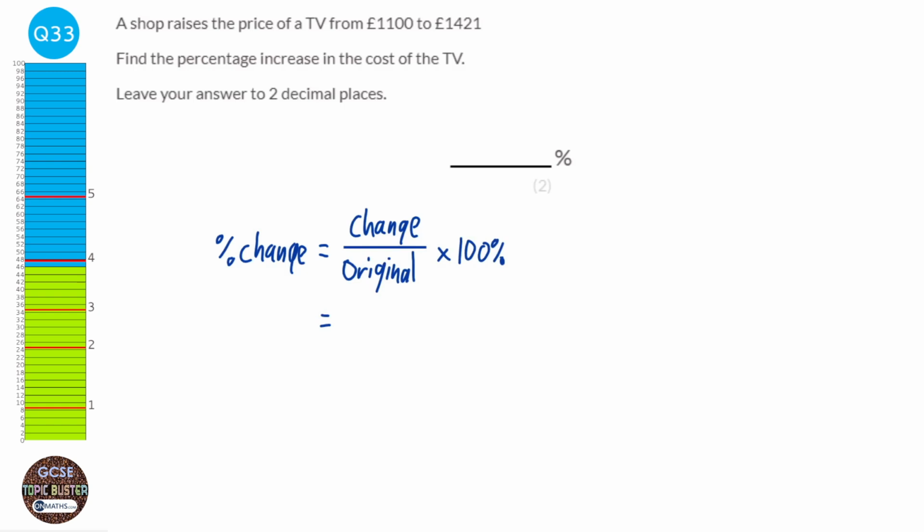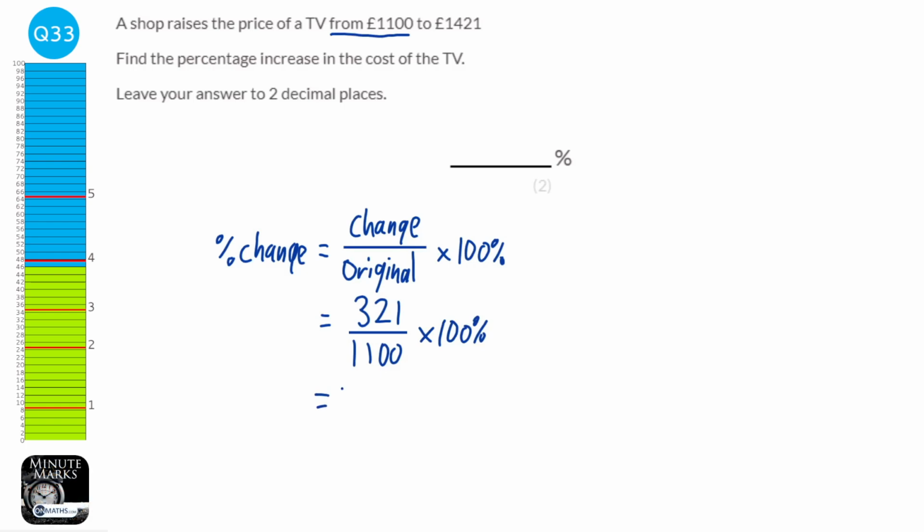So we're going to do 1,421 take away 1,100, which is 321. Divide that by the original amount. So the original amount was the 1,100, and then times by 100%. And that's going to be 29.18%.